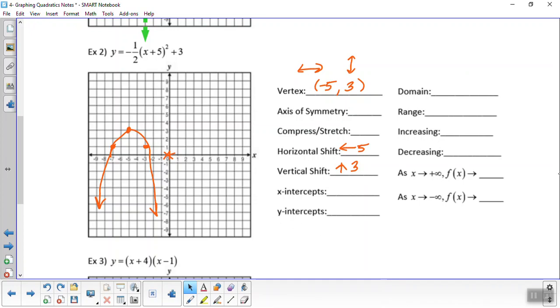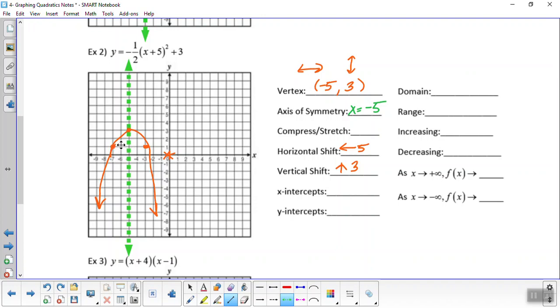Our axis of symmetry is x equals, and it occurs at the first number in our vertex, our x value, which is -5. So again, I could graph that. And you can see on each side of this dotted line, we are symmetric.